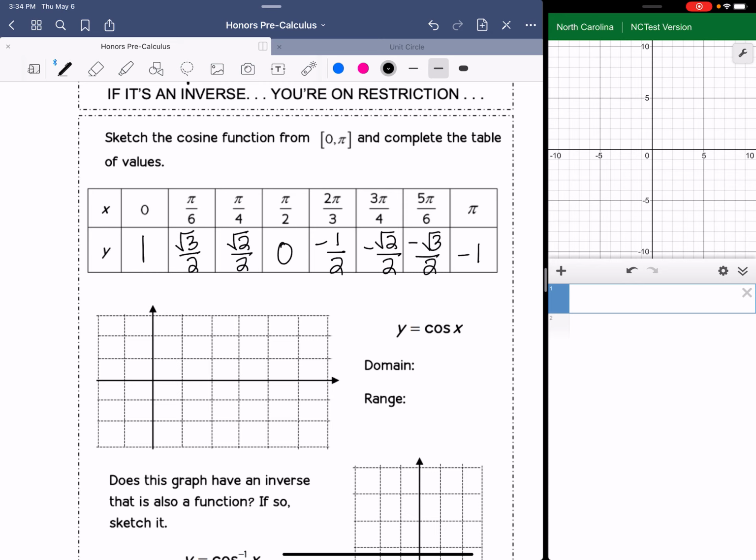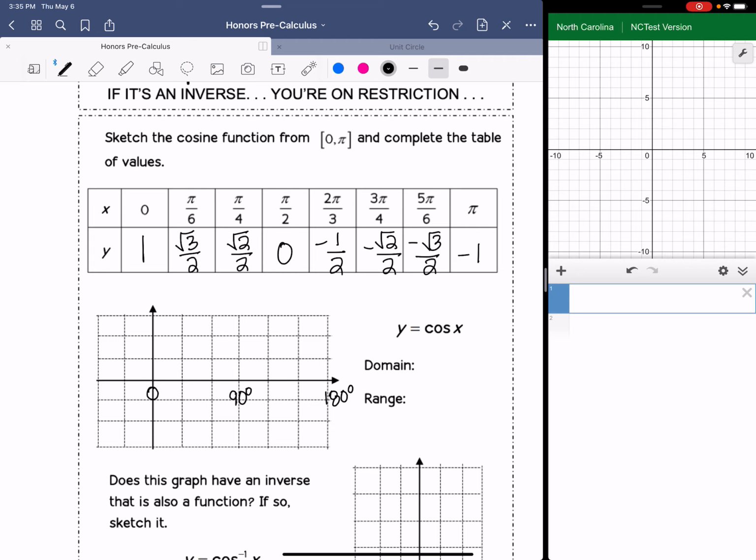When I'm looking at this, we'll start here at 0 degrees, and we're going all the way to pi. Let's do 90 here, and let's do 180 here. Let's chunk it up evenly.